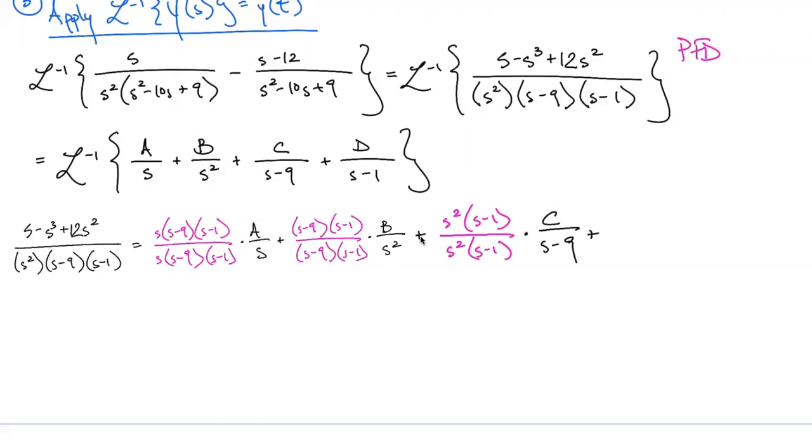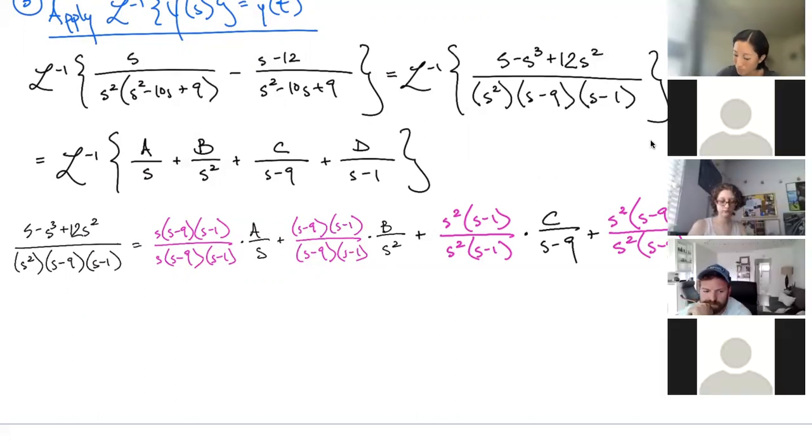Plus, for D, I'm going to need to multiply by s squared over s minus 9. And that will give me a common denominator all the way across. Okay. Now, before we continue here, are there any questions about which ones I multiplied, or are we okay with this setup stage?